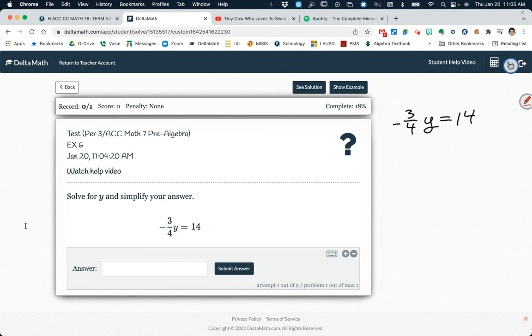Now, we want to multiply. I'm going to put parentheses around this so I don't confuse that negative with a subtraction. I want the reciprocal of negative 3/4. What's the reciprocal of negative 3/4? Negative 4/3. Remember, if your number's negative, its reciprocal is negative.